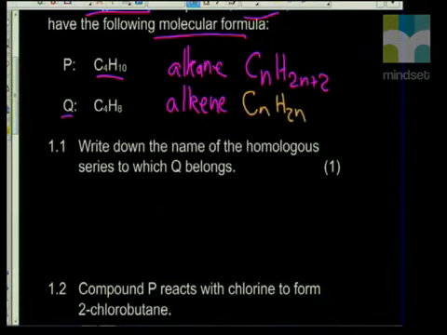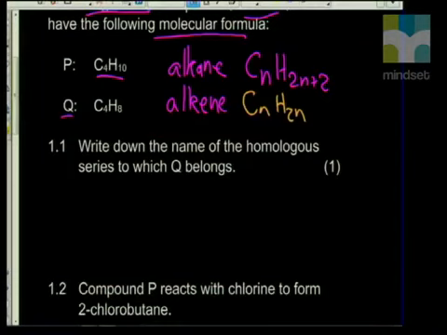So we've identified that these are two different homologous series based on the general formula from their molecular formula. Now, there could be more than one substance here, because remember, something with the same molecular formula could have a different structural formula and therefore have different physical properties, different chemical properties, and we need to be very aware of that. So what's the first question?